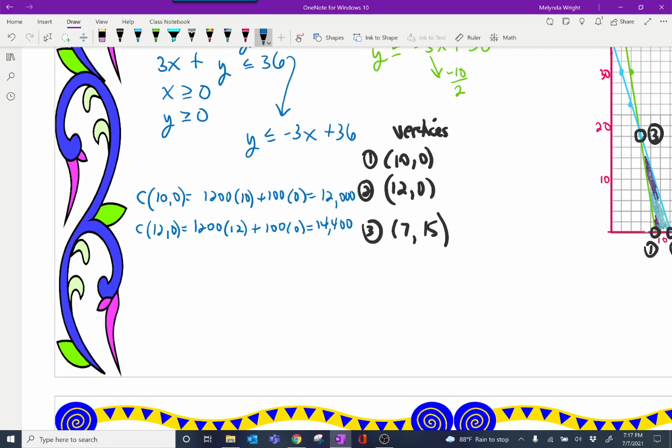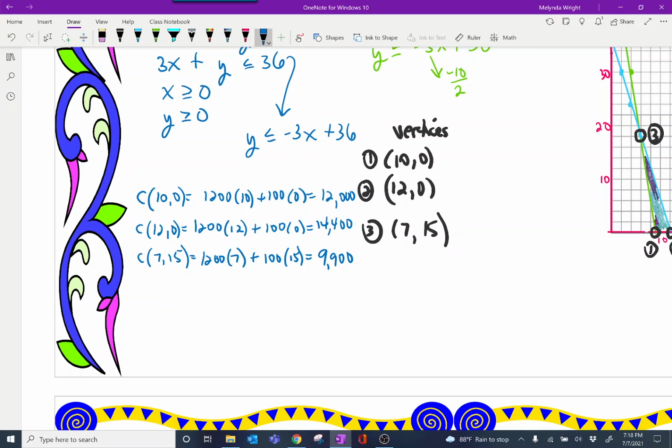The last one is 7, 15, so we would do 7 buses and 15 vans, and that would cost 9,900. Ah, that's the lowest cost.